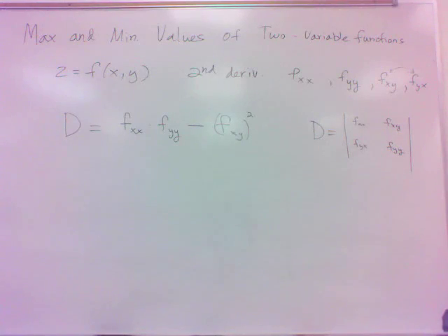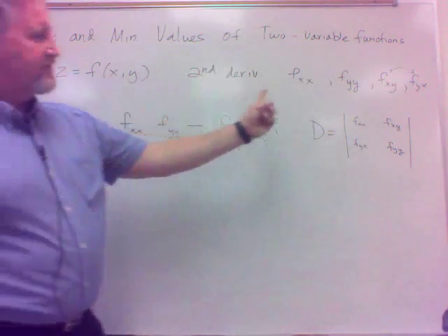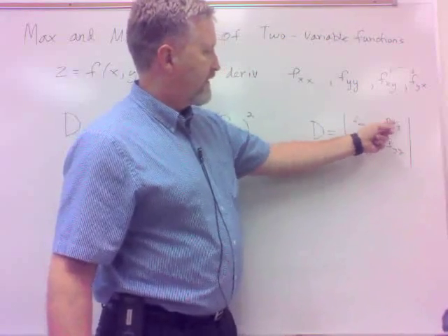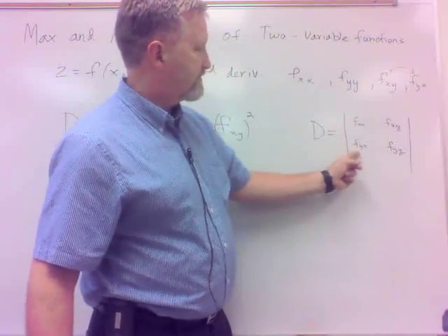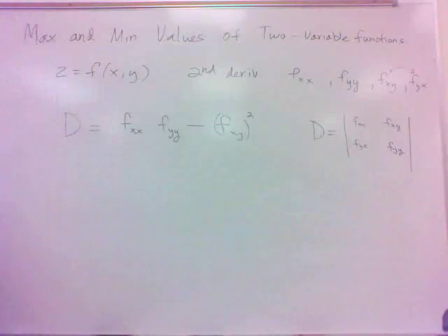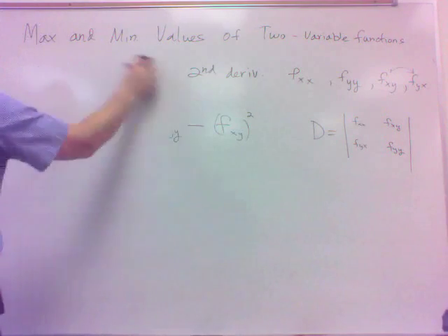It's the determinant of that because fxx times fyy, minus the product of these, but one is equal to the other. And so we're going to use that to do our second derivative test for a two variable function. So here it is.